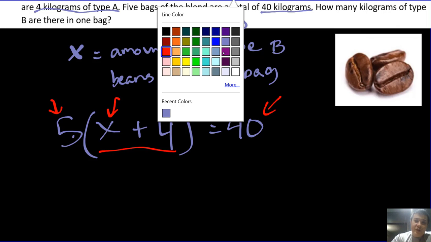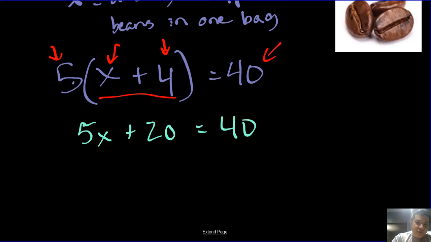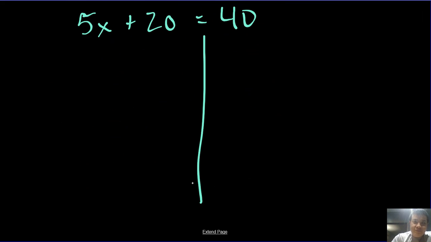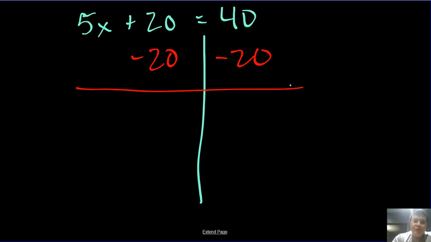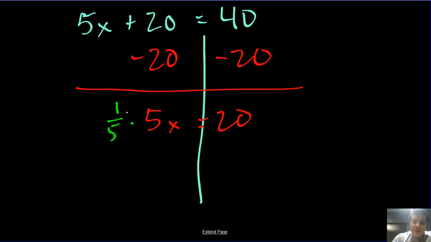That also means that in order to solve for X, in order to find out how much of type B there is in the bag, we have to distribute. So we're going to do 5x plus 20, because 5 times 4 is 20, gets us 40. Then we're going to continue to solve using our two-step method. Minus 20, we get 5x equals 20. Times by 1/5, x equals 4.